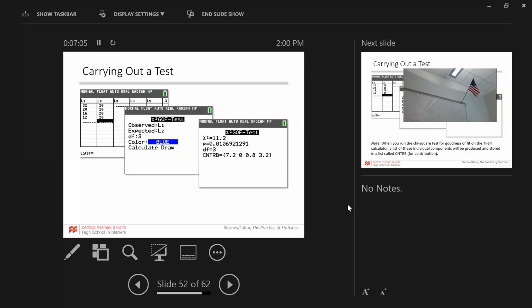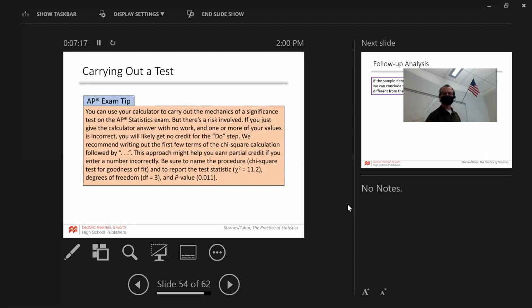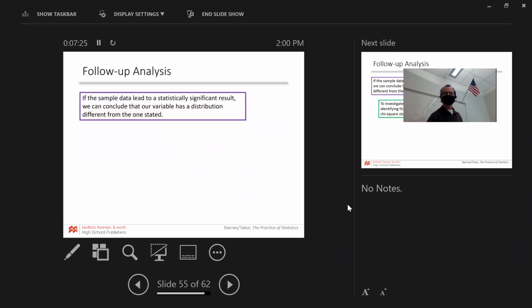So the biggest number came from January, February, and March. That had the highest impact on your chi-square test statistic. Can you write this out? The test statistic, degrees of freedom, and the p-value.